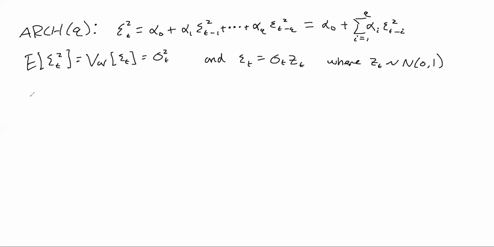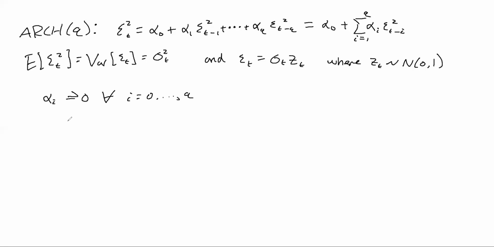Right. So for this, if we test for it in our ARCH model, all of our alphas have to be equal to or greater than 0, and this is true for all alphas from 0 to q.